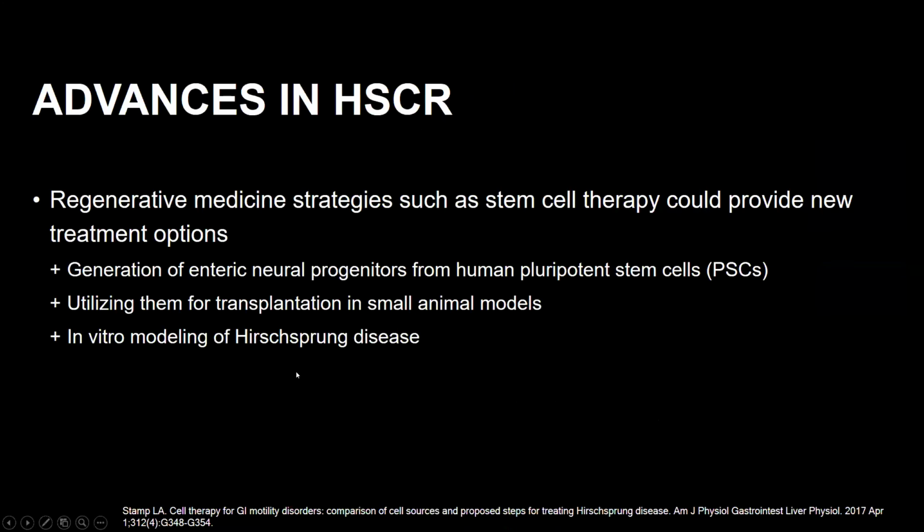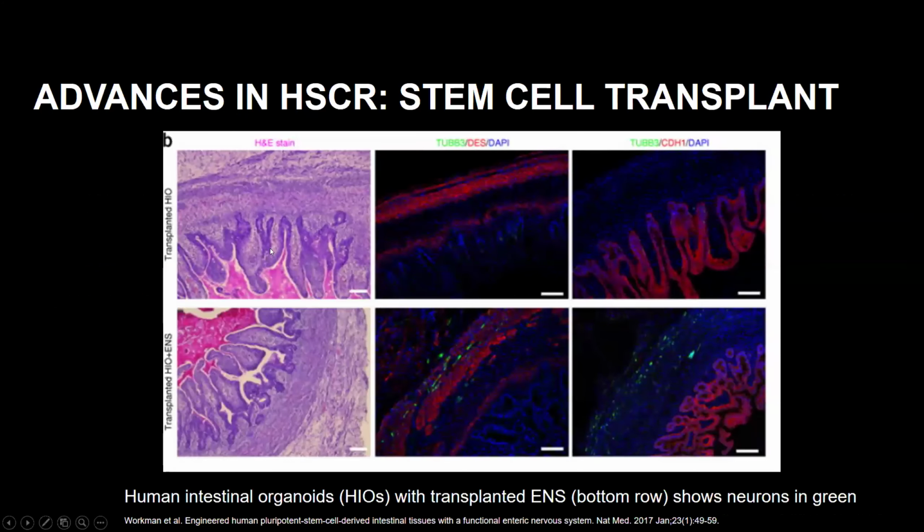And just some quick examples of advances in Hirschsprung disease. We're now using regenerative medicine like stem cell therapy to generate enteric neural progenitors from human pluripotent stem cells. I thought this was quite interesting because here is a human intestinal organoid without any ganglion cells or enteric nervous system.